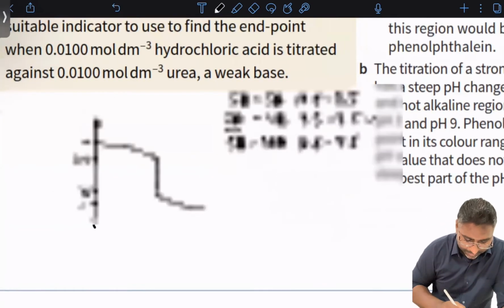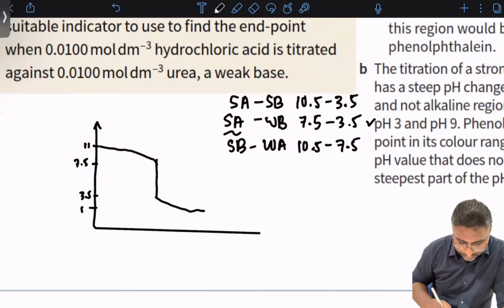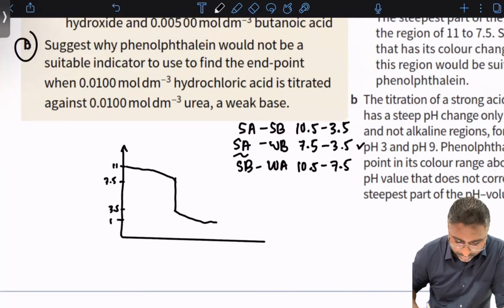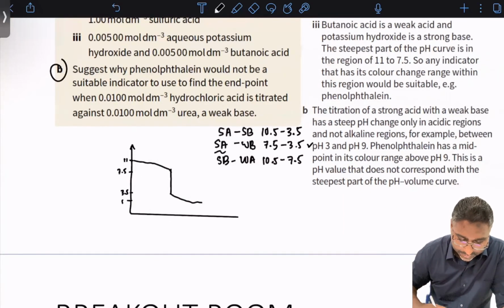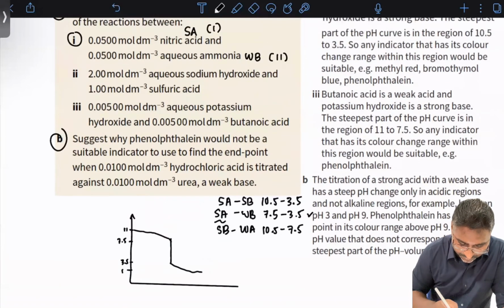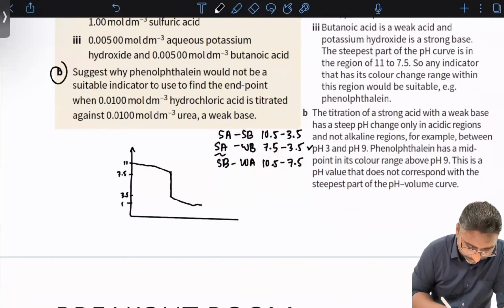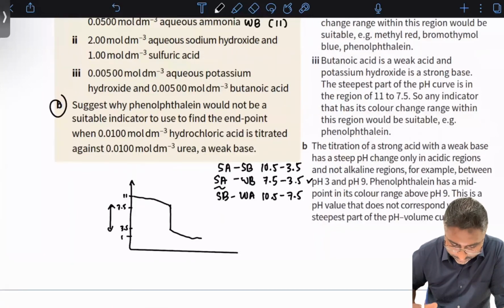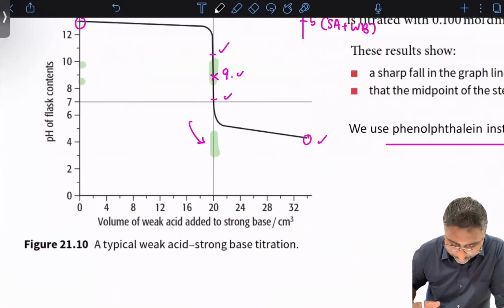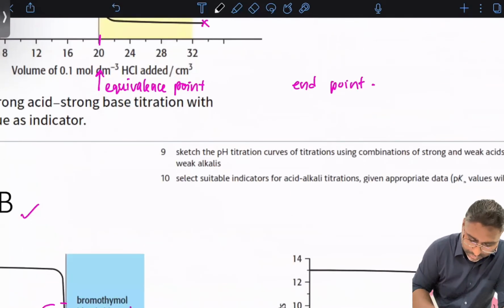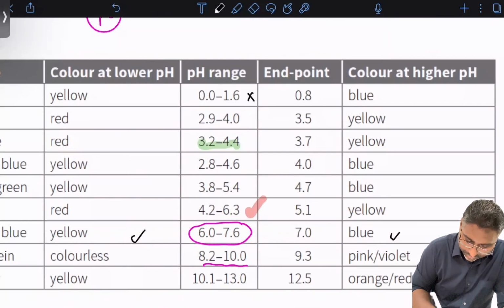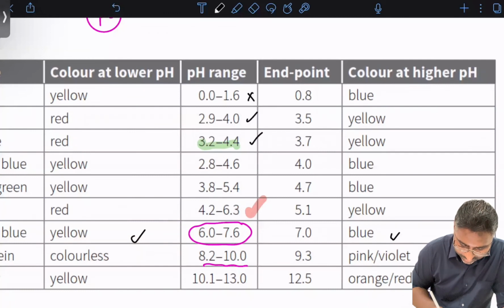Then we want to know which one is going to be the suitable indicator. Let's say we want anything from 3.5 to 7.5. Let's see, which one can I use? I cannot use this one. This one, 3.5 to 7.5, can.